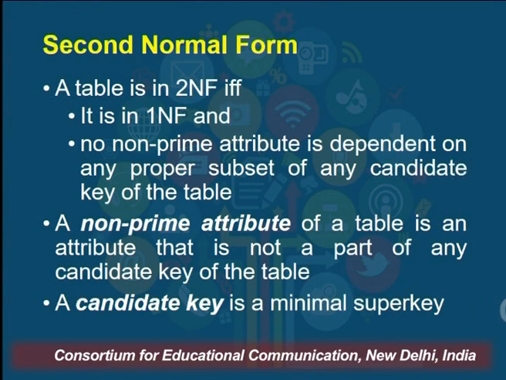So a table is in second normal form if and only if it is in the first normal form, and no non-prime attribute is dependent on any proper subset of any candidate key of the table. Please be careful while reading this, and even if you don't understand the essence of the second point, we will take it with the help of an example, and this will be cleared soon.